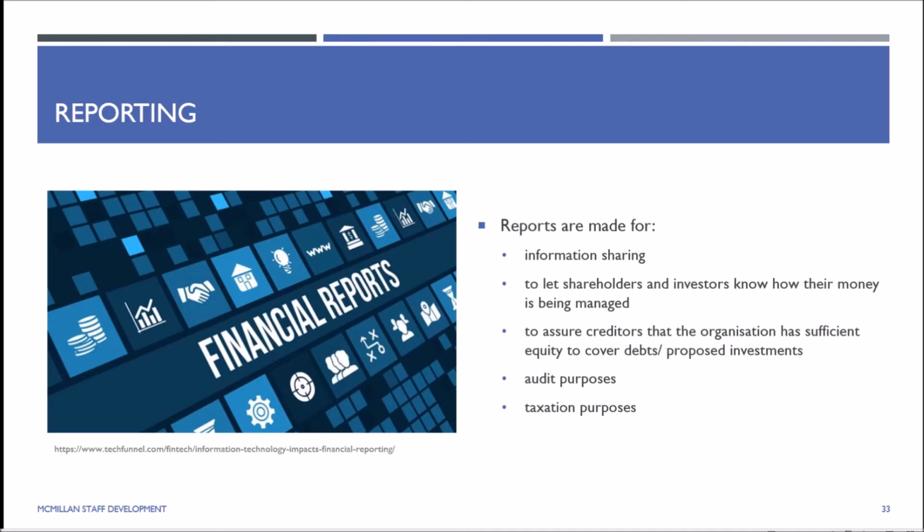So the purpose of the reports that these systems produce, that we ask these systems to produce, is so that we can share information across the organization. As I talked about at the start of this tutorial, the planning process spans across the organization.